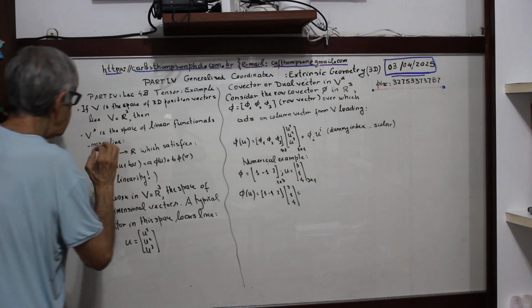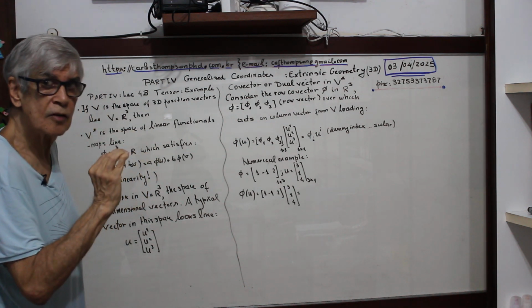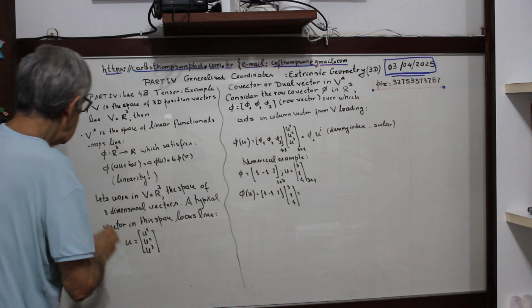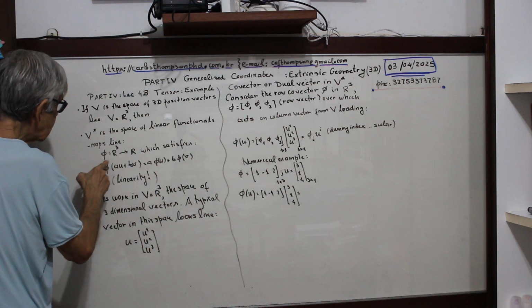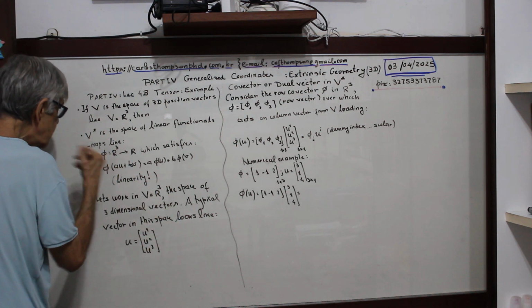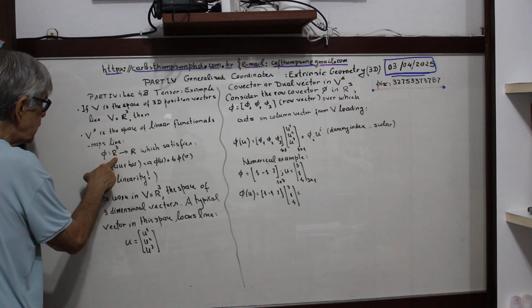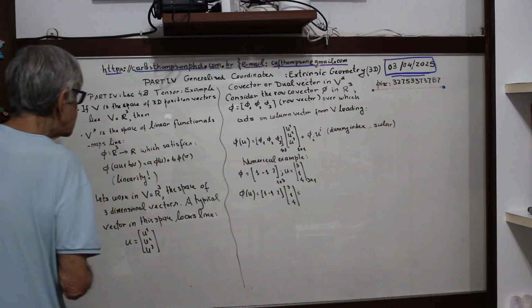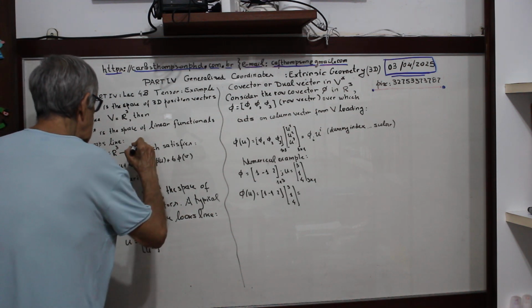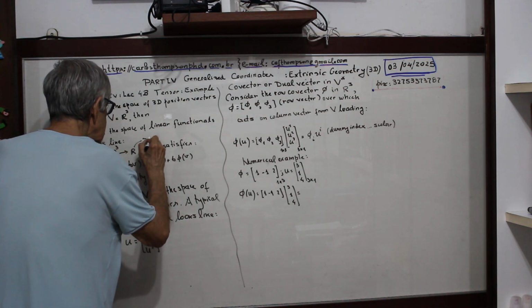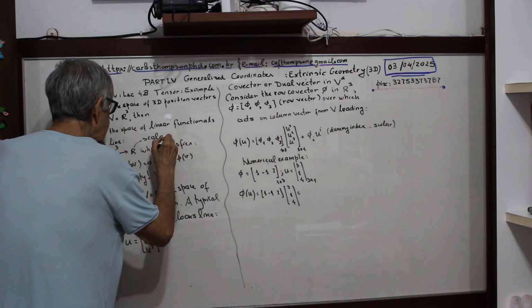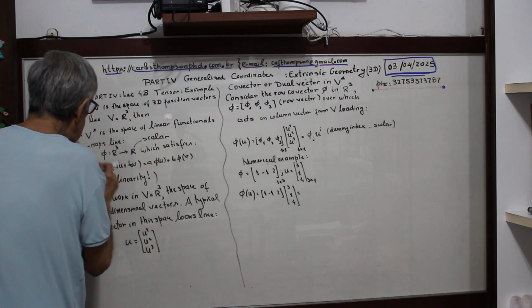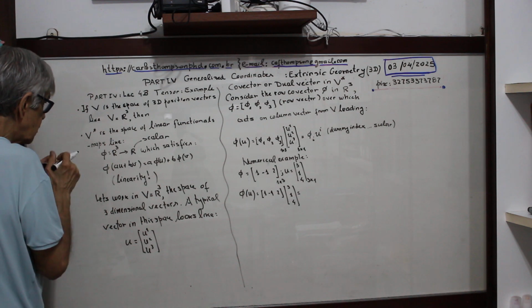Tensor is a map. I have a vector in R3 leading to a scalar. R is a real, R is a scalar. That's a definition of tensor.